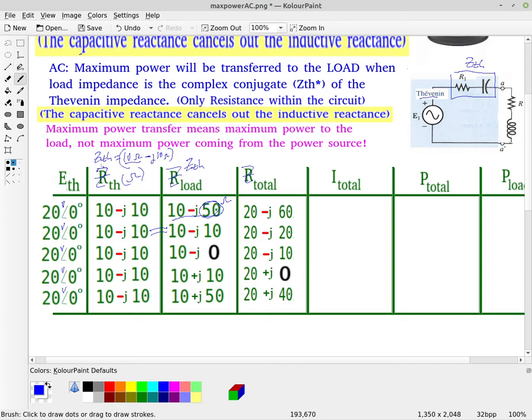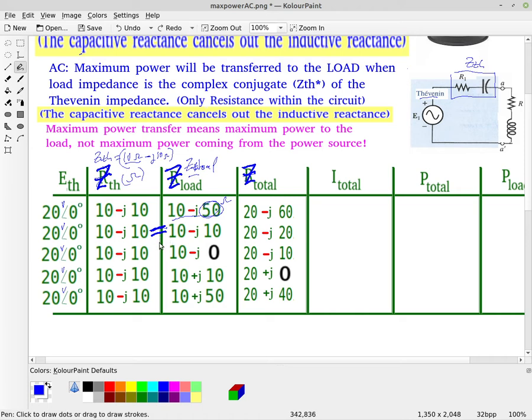Let me make this bigger and bolder. This is Z Thevenin here. Z Thevenin exactly matches Z load in this second case.